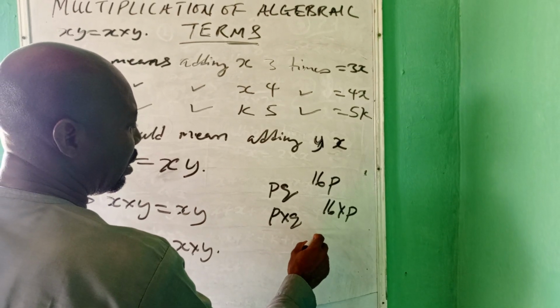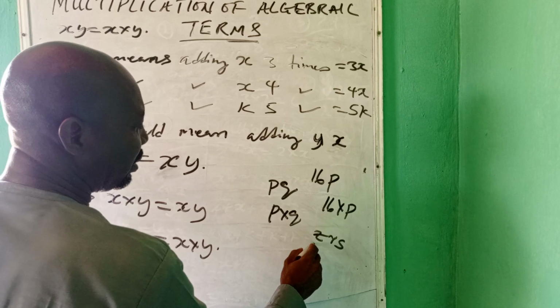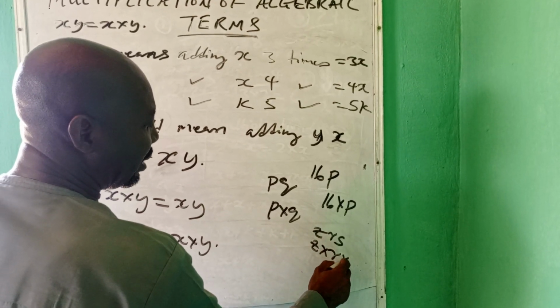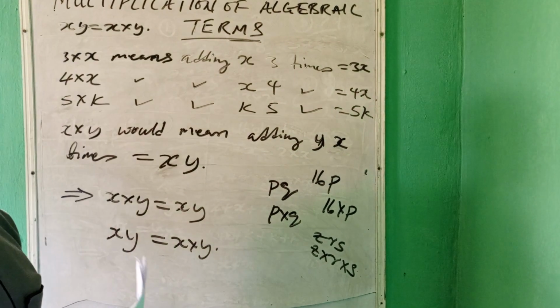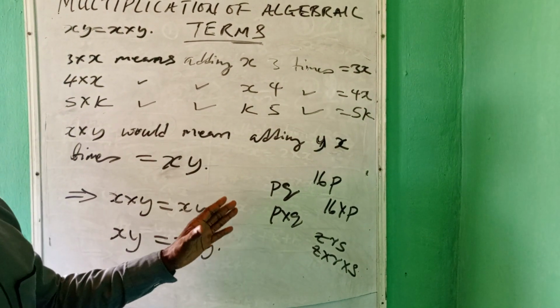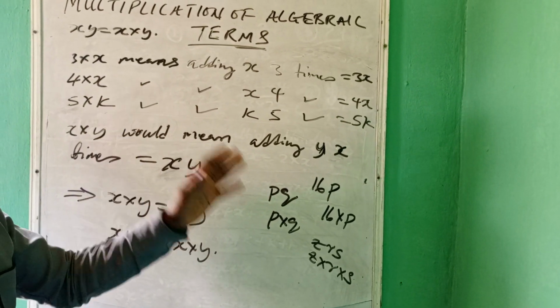If you see zrx, it means z times r times x. So there's always an invisible multiplication sign between letters or between a number and a letter.